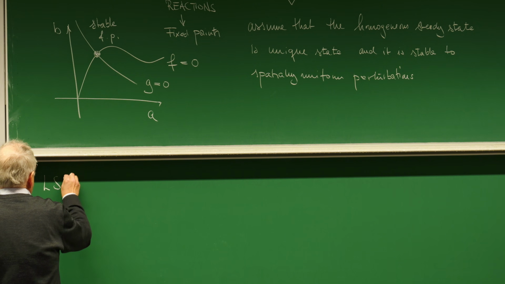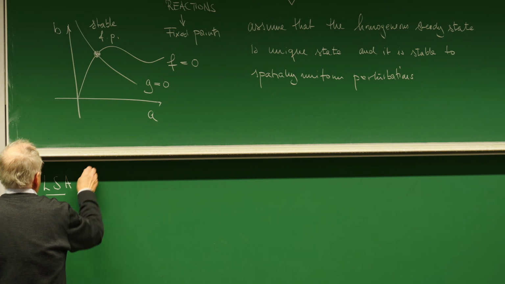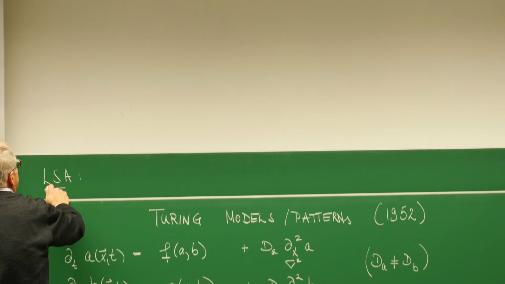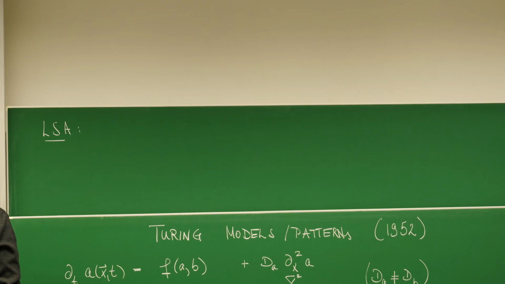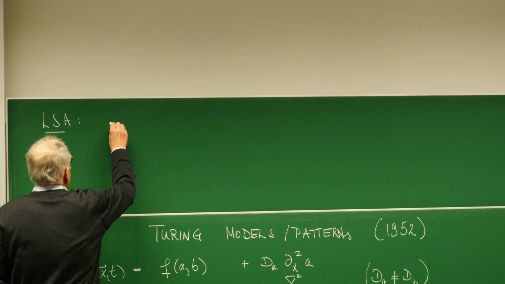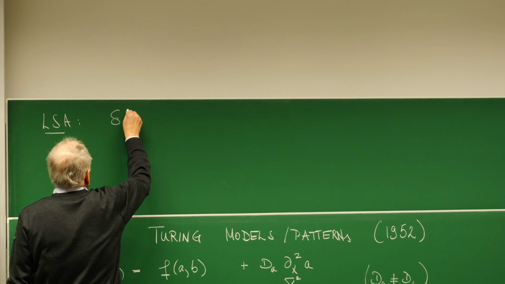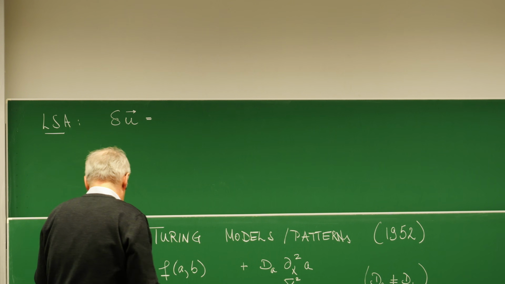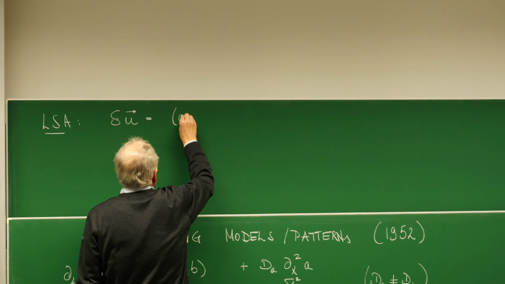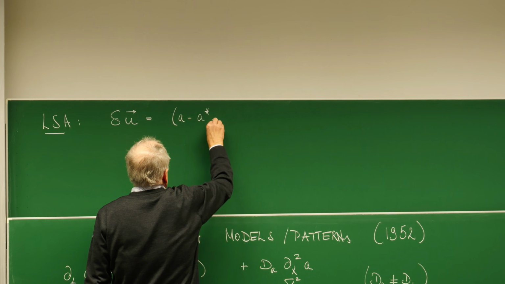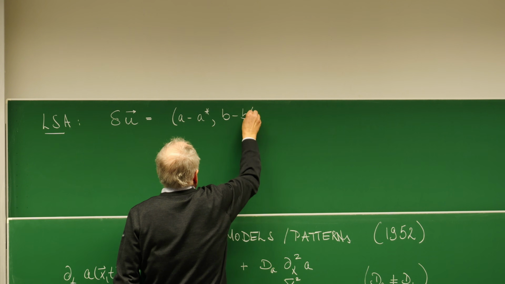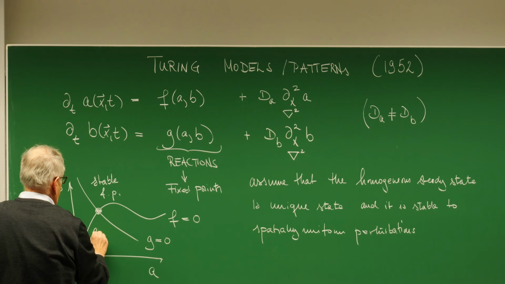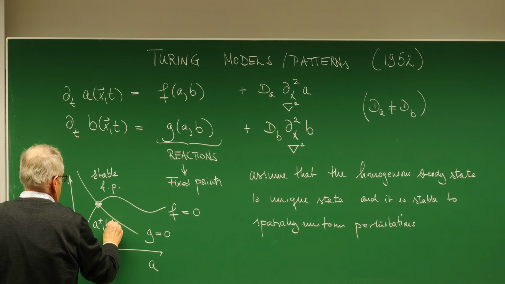So let's do a linear stability analysis. Where I'm saying that I look at deviations of my concentrations from the fixed point A star, B star. So from this fixed point, A star, B star.